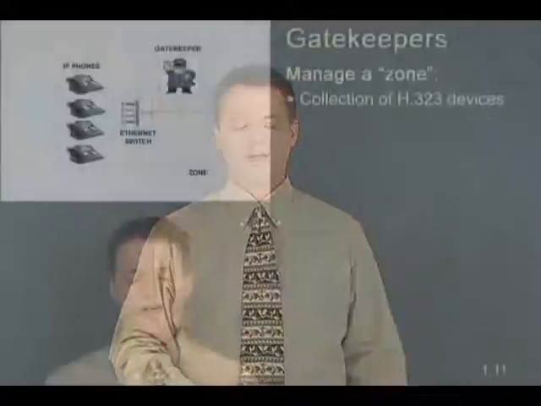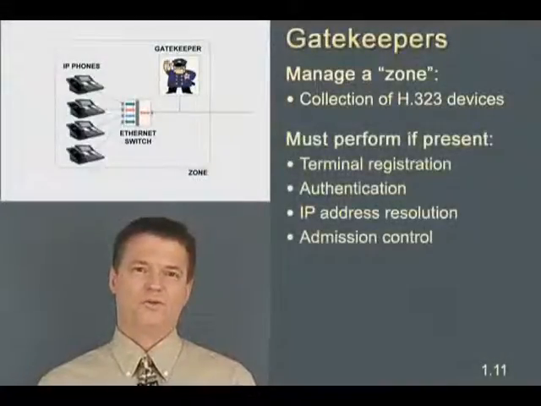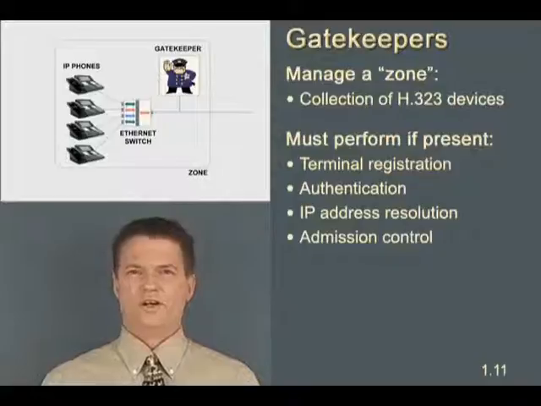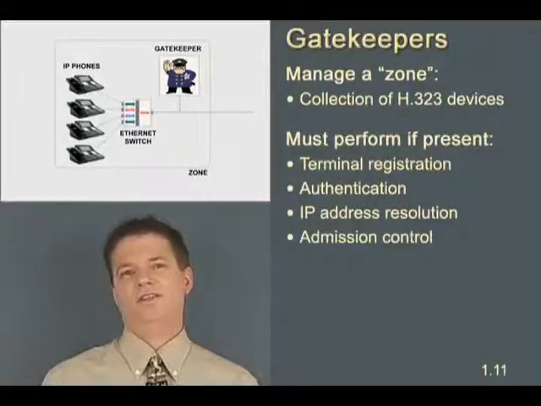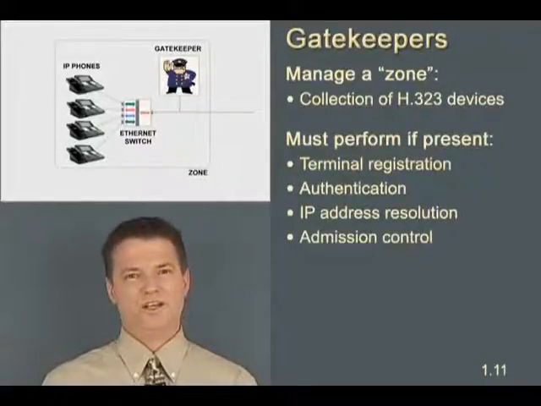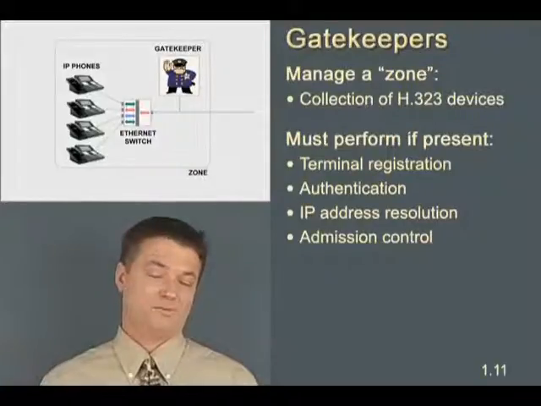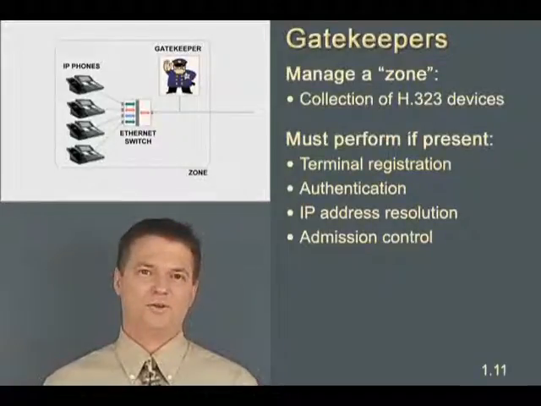And you don't have to have a gatekeeper, but if it's present, then there are certain functions that it has to perform. It has to perform terminal registration. So possibly the DHCP server is part of the gatekeeper. It's possible that the DHCP server is a separate box.